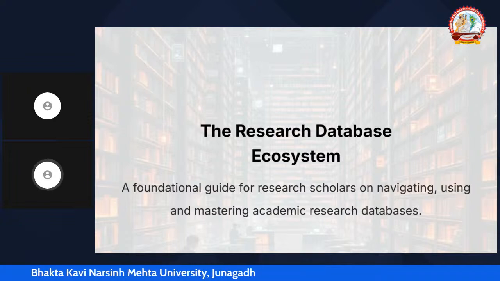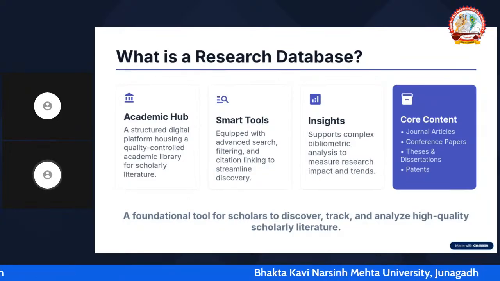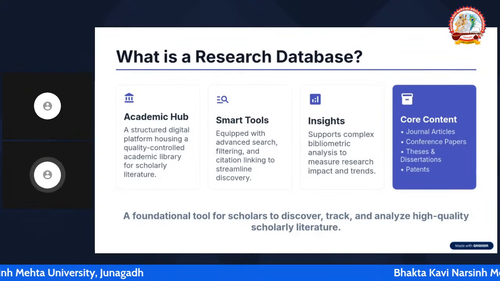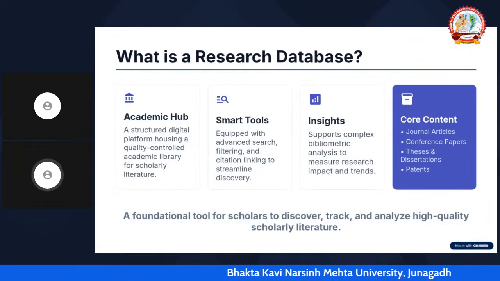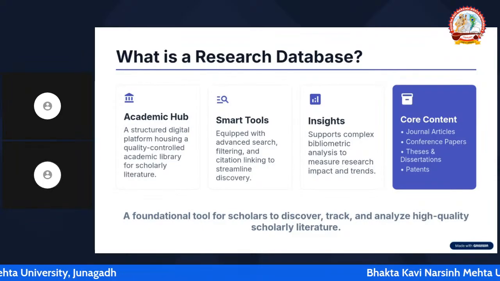In this database, we have the academic hub. What about the academic hub? Through it, research scholars like us, PhD students, can identify which kind of database and which kind of articles are required. So that is the academic hub.